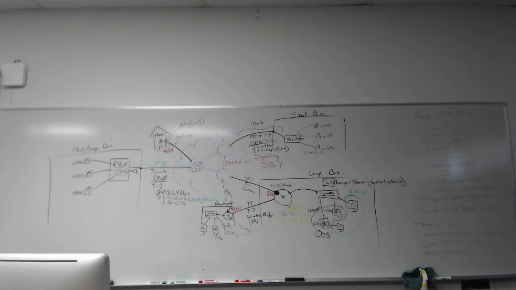High complexity is the G729. G729 was the high complexity audio codec. Oh, it's highly complex, meaning trying to compress it as much as possible, using 8 kilobits per second as opposed to 64 kilobits per second.